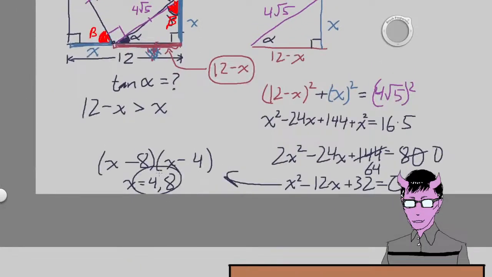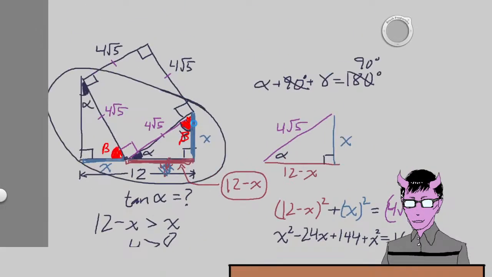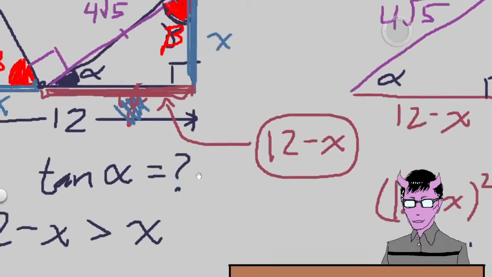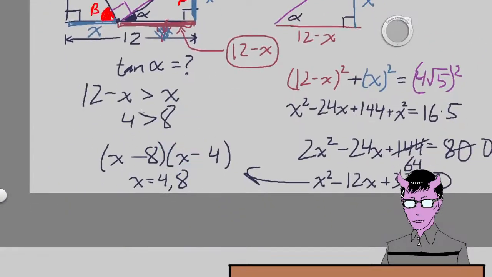So we'll see which of those values will this one be true for, right? So if you plug in 4 into this x and 4 into that x, we're going to get 8 is greater than 4, which is true from the visuals. If you put an 8 into there and 8 into there, we're going to get 4 is greater than 8, which is not true according to the visuals. So therefore, just by the visuals, if we trust it enough, we will go with this answer rather than the 8.